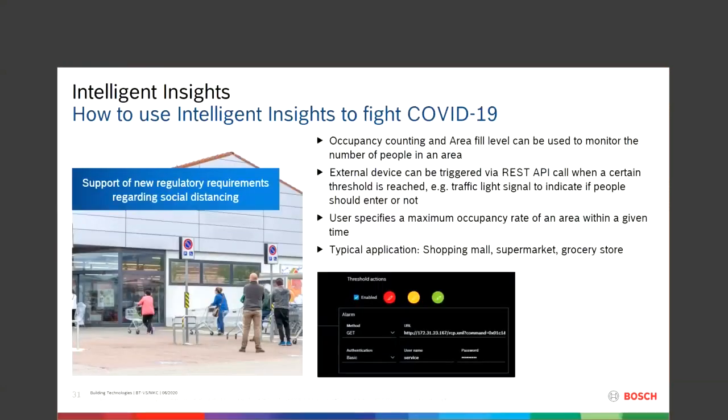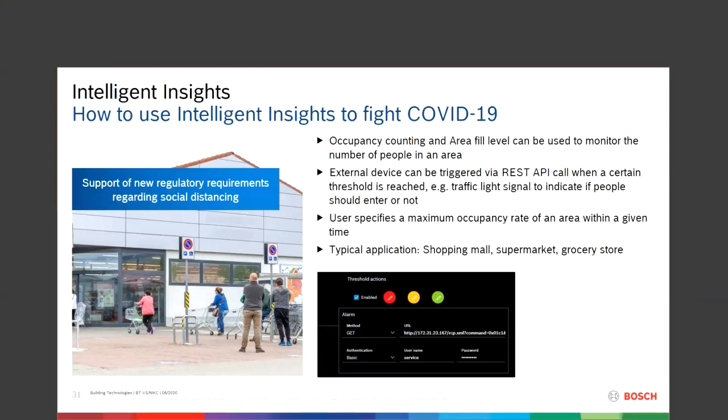What instantly comes to my mind, especially in current turbulent times, is a solution to count the people entering shops or other premises. Because of the COVID pandemic, the presence of customers has to be limited. Only a specific number of people per square meter is allowed.